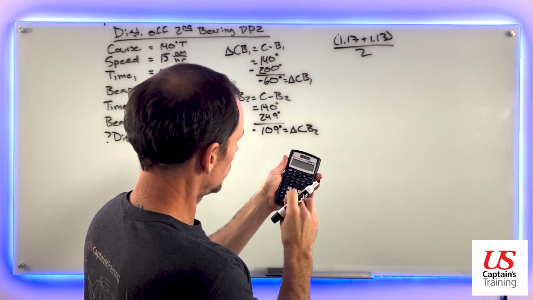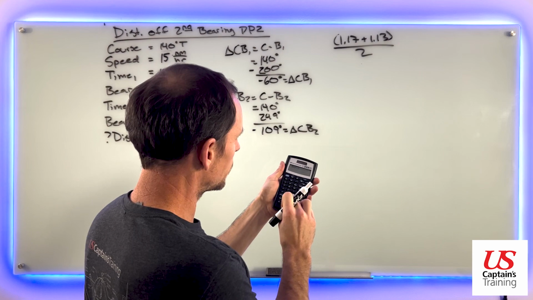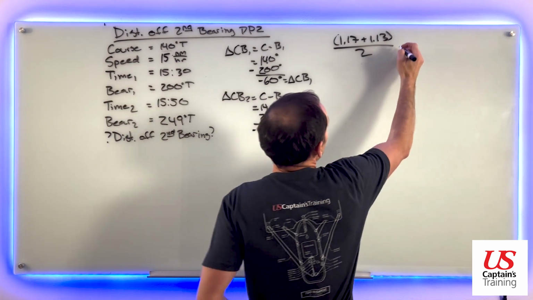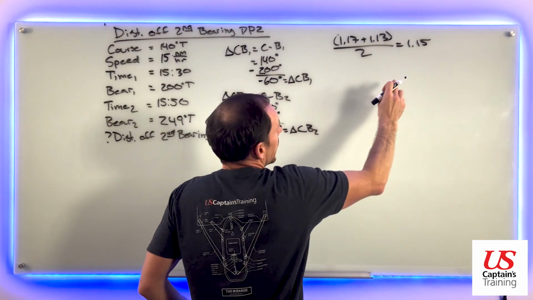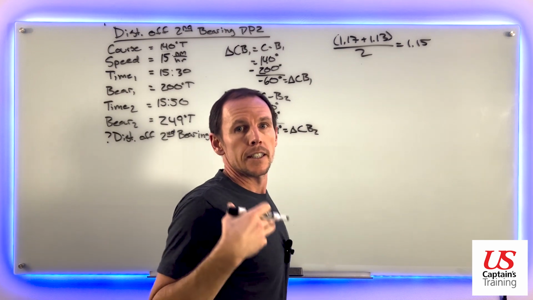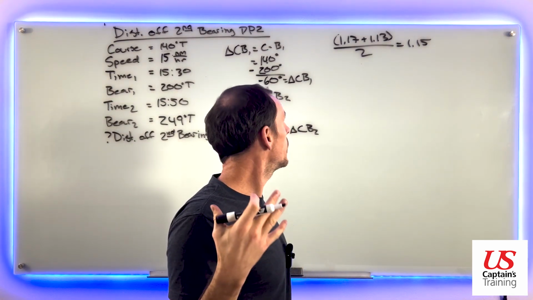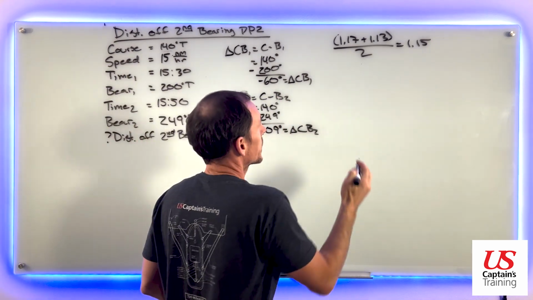1.17 plus 1.13 equals, divided by 2 equals 1.15. Okay, this number from our table times the distance that we travel in this time equals our distance off the second bearing.